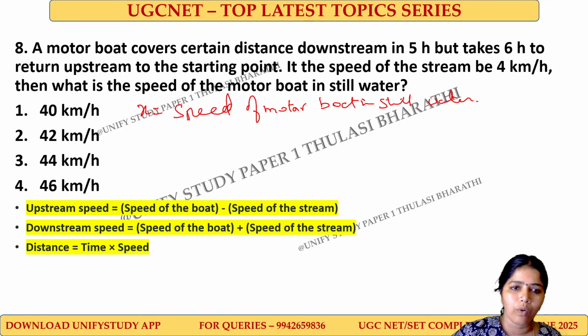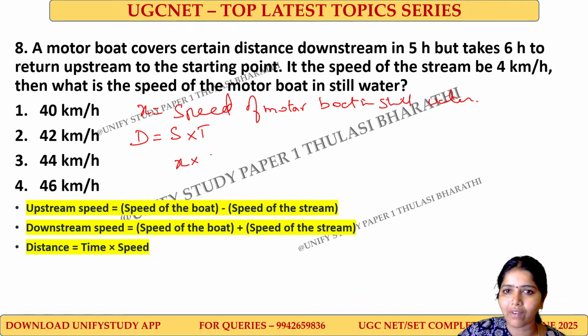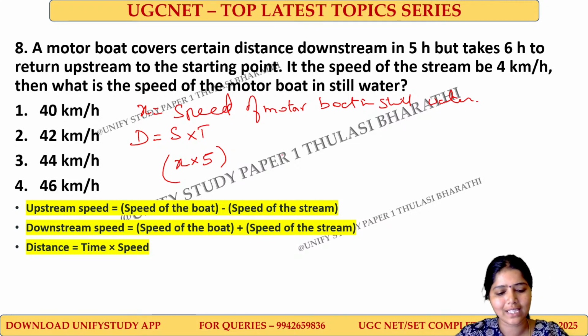What is the formula here? Distance is equal to speed into time. What is the speed? We don't know. Let it be x. What is the time taken? Downstream it takes 5 hours, right? And on either side we have x minus 4.